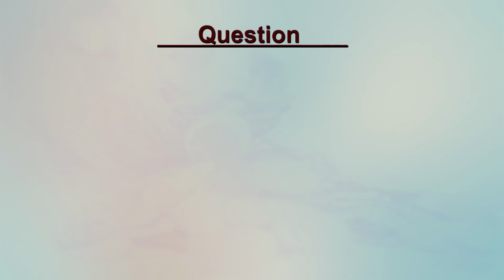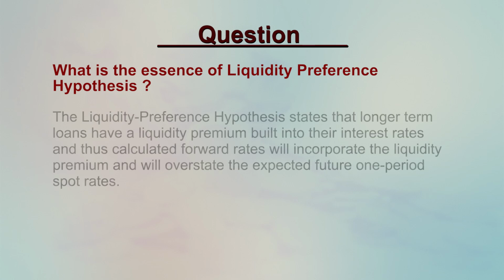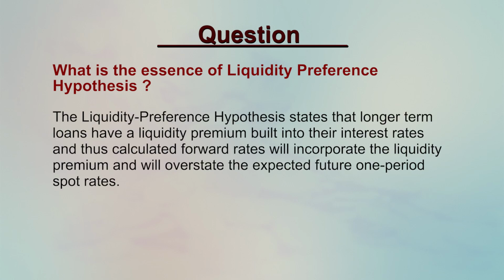So we come to the discussion of what is the essence of the liquidity preference hypothesis. It states that longer term loans are always preferable because they are built on a premium, which is an insurance or a protection built on the interest rates, and the calculation of the forward rate is done based on the liquidity premium, so that expected future and short term spot rates can be adjusted.